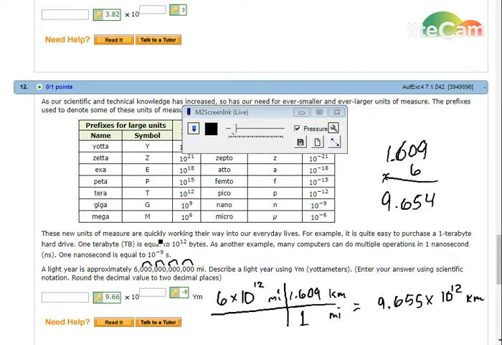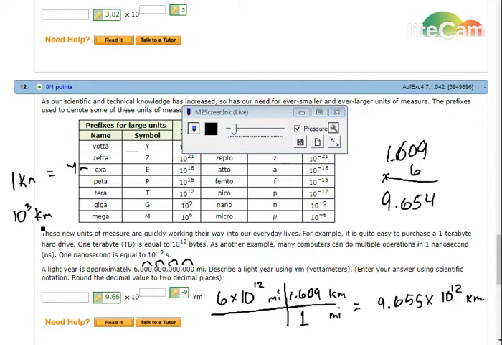So to do so we need to look at the ratio of kilometers to yottameters. Let's find out how many yottameters equal 1 kilometer. So a kilometer is 1,000 meters.